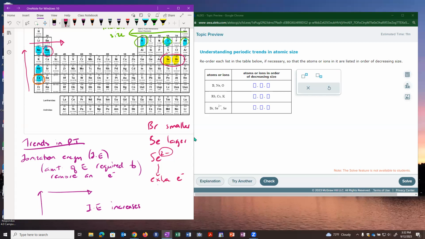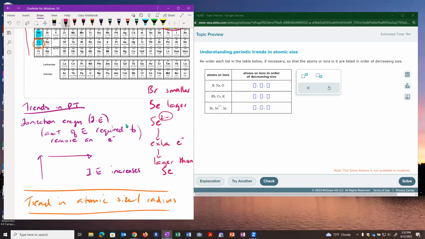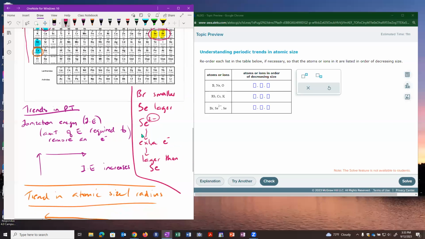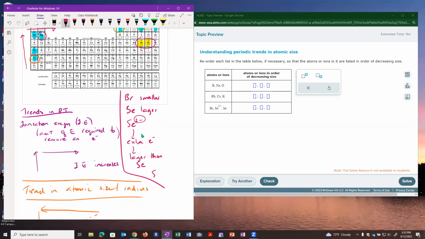The atom's going to get bigger, so it'll be larger than the corresponding neutral atom, Se. So if I need to compare those three chemical species together, the largest then would be the selenium with the 2 minus charge. That'll be greater than the Se, and that'll be greater than the Br.